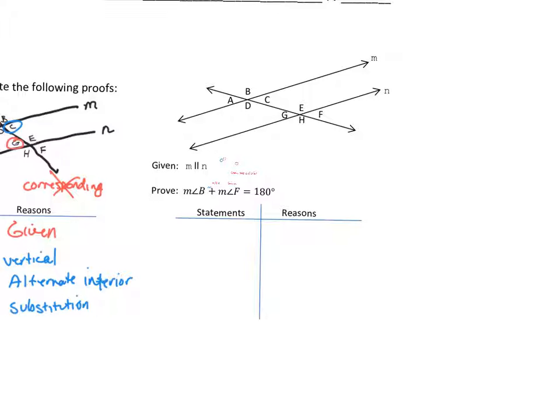measure of angle A plus measure of angle B equals 180 because it's a linear pair. Then I could say that angle A is congruent to angle F because they're alternate exterior.